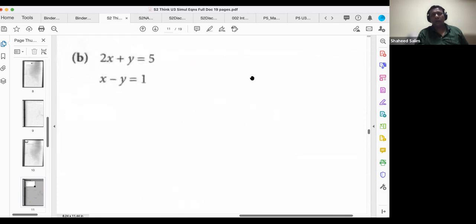So I want you to label the first one. You can bring the 2x over. You can call this 1. No problem. You must have y equals to something or x equals to something. Up to you. Whichever you want.